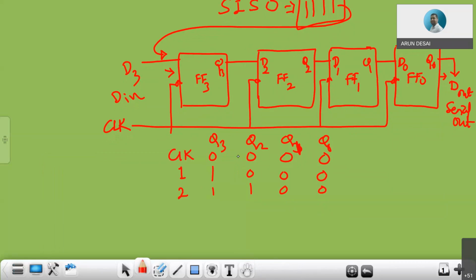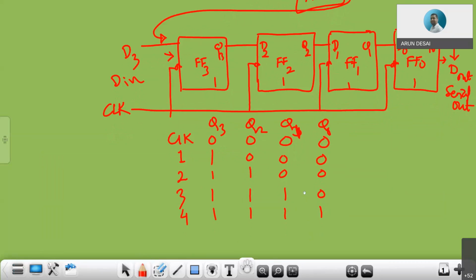Then for the next clock pulse, all others are 0, and this one, Q0, is 0. Then at the fourth clock pulse, 1 is assigned to each and every flip-flop in this case, right?